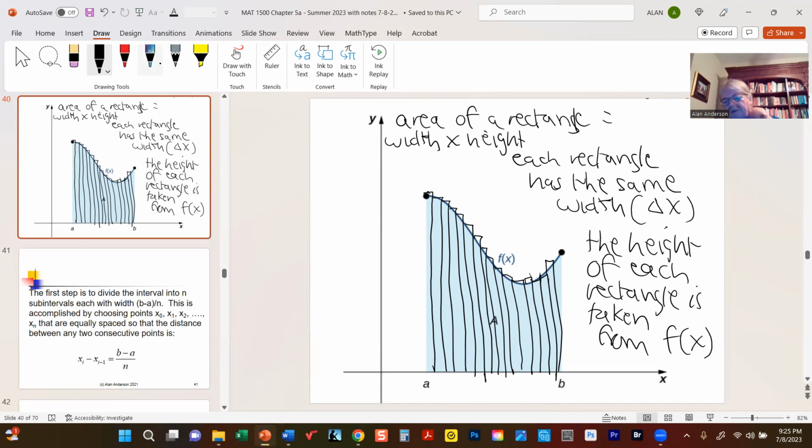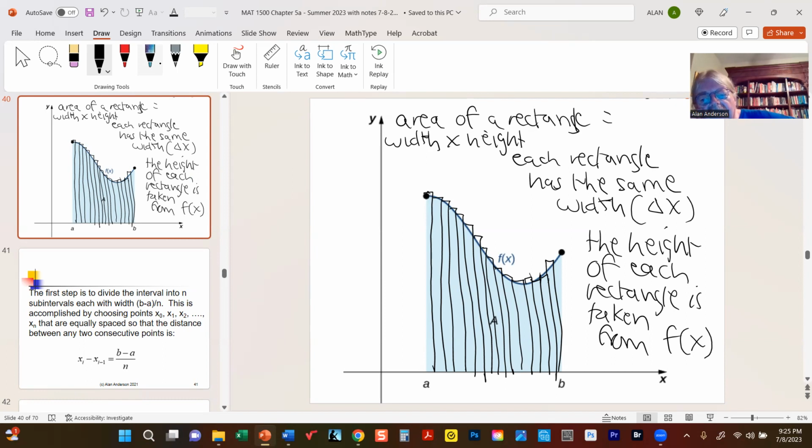Now you can see that this is going to give me only a rough approximation to the area under that curve. So with integration, what we're actually going to do is shrink up those delta x's so that we have more and more rectangles.